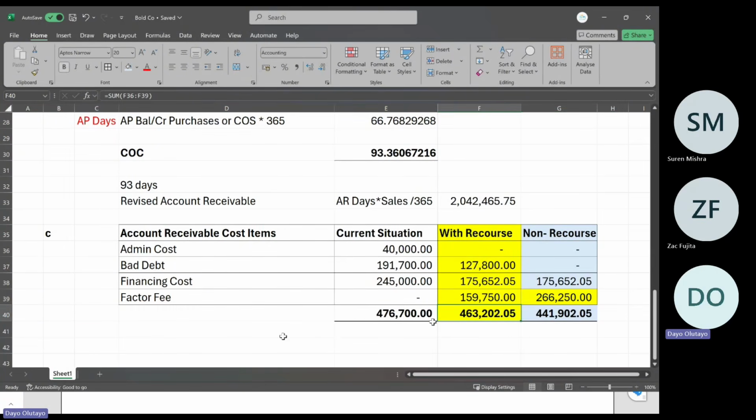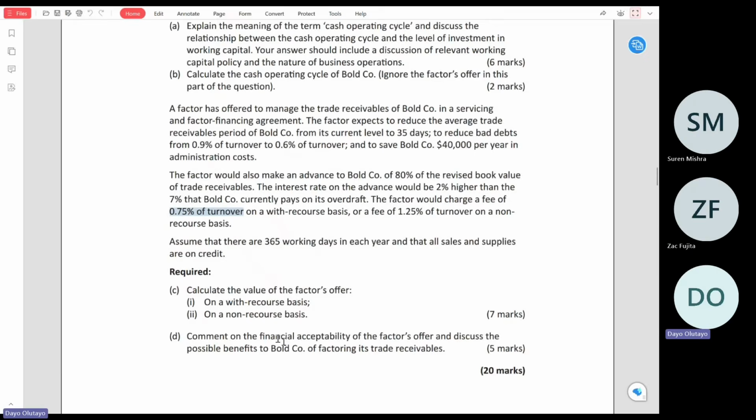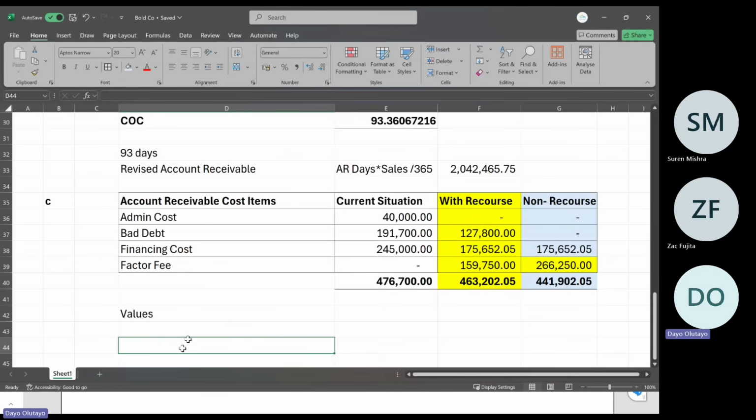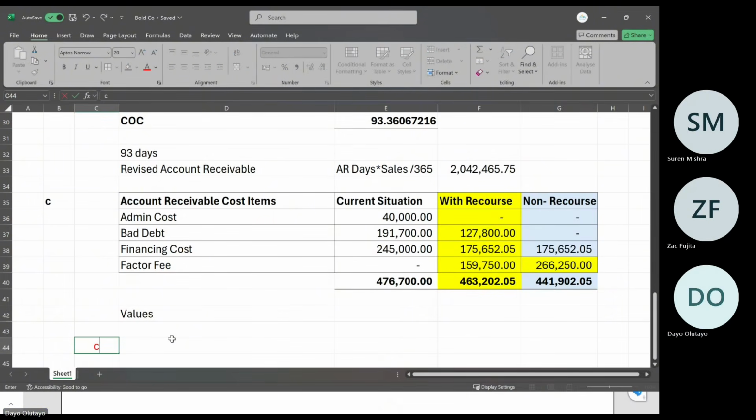The question is, what are the values? So values. If you go to the question, C1 said on a with recourse basis. So for C1, which is on recourse basis, that will be equal to, what are we going to save? Currently, we are spending 476,000. But if we get a factor with recourse, we'll be spending 463.